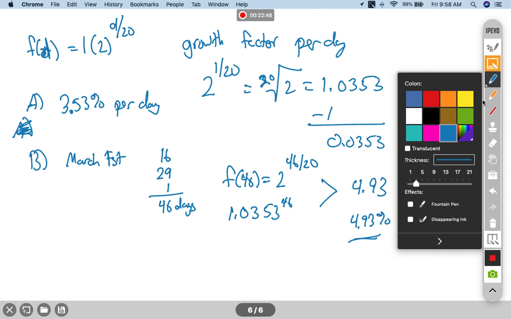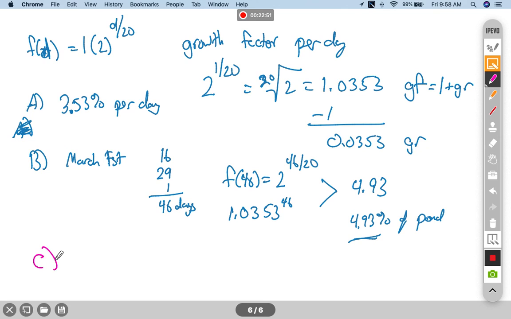So, part C. When will the pool be completely covered? Completely covered is 100%. So I would go ahead and do 100 equals, again, I can bypass the previous question to do that. So I'm going to do 2 to the d over 20. Because I don't really need the times 1, I can go straight to log form.